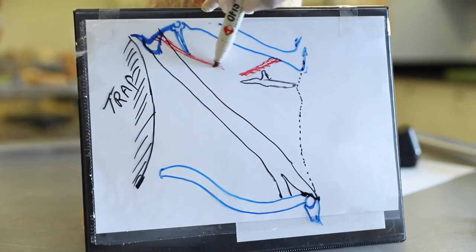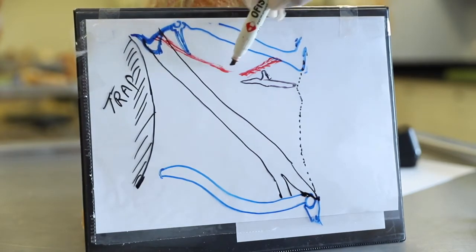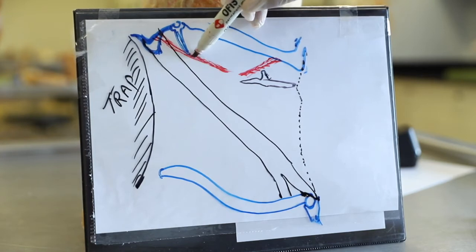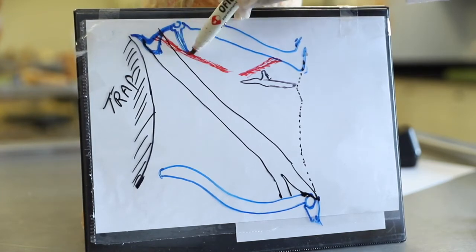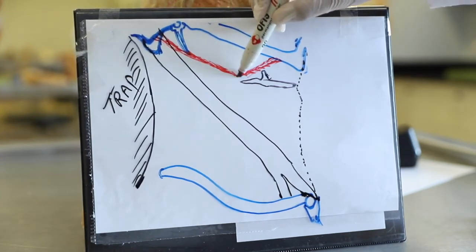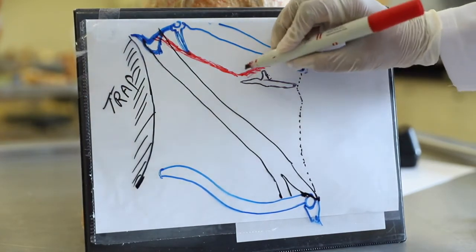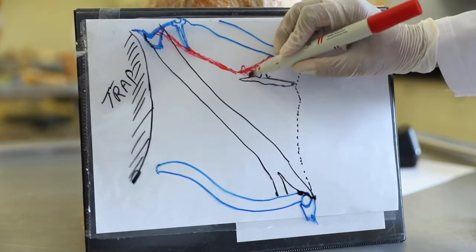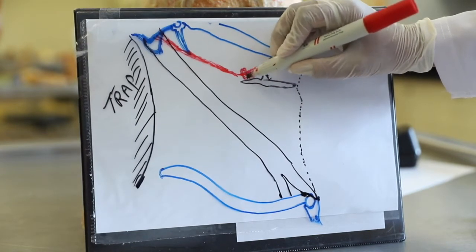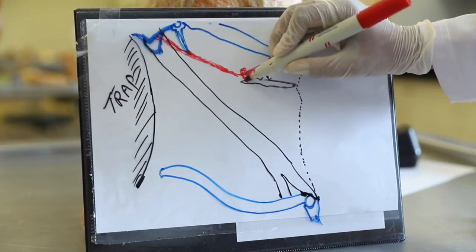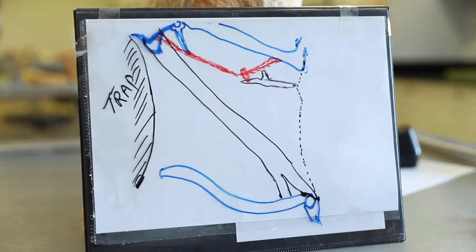This is called the posterior belly of the digastric, and this is the anterior belly of the digastric. They meet at the midline, and then attach by a fibrous intermediate tendon to the greater cornu of the hyoid bone.